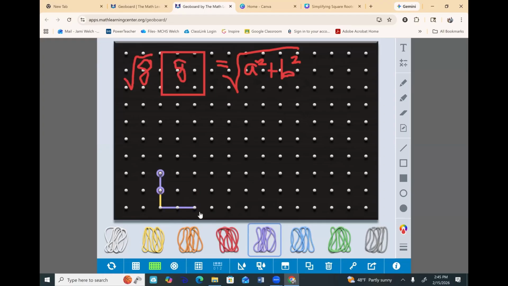What would this other side length be here? And then you could get students to do 2 squared plus 2 squared, and they'll see that that would be the square root of 8. So you're like, okay, perfect. That's really all that you need here. Your students don't have to be able to create these triangles on their own.